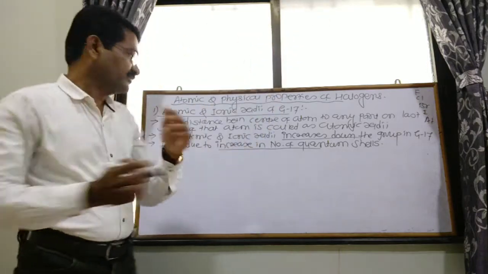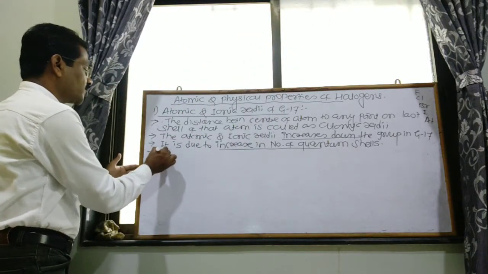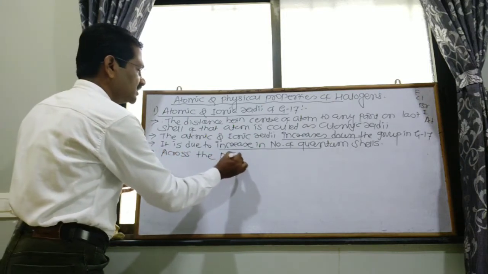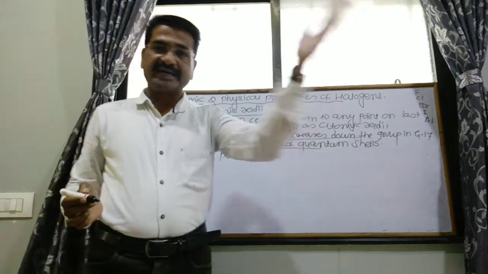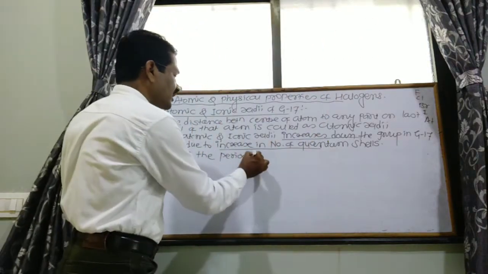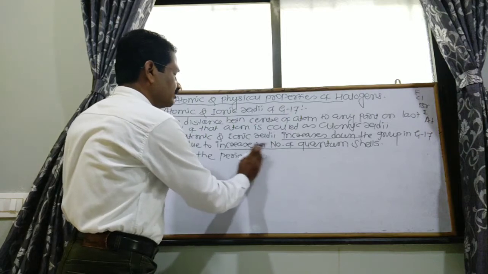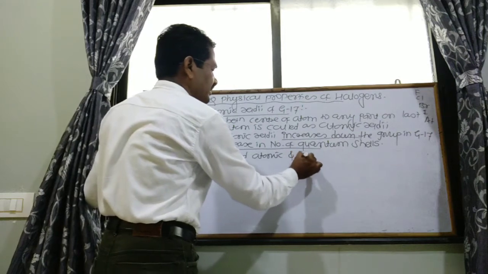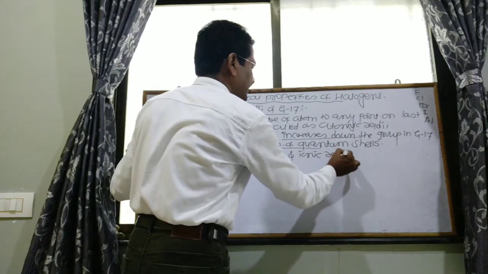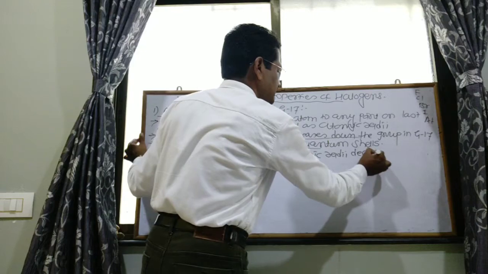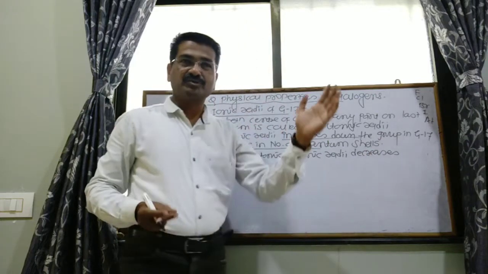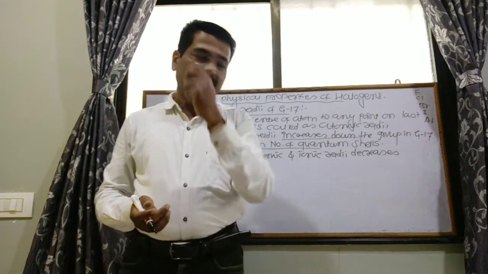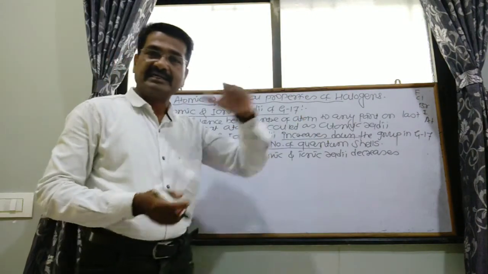What about the periods? Across the period, when you move from left to right in the periodic table, atomic and ionic radii decrease.